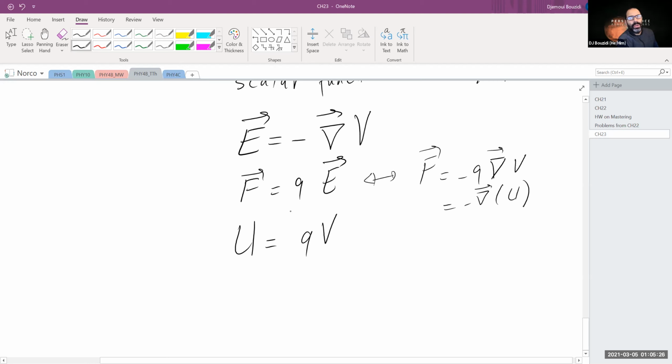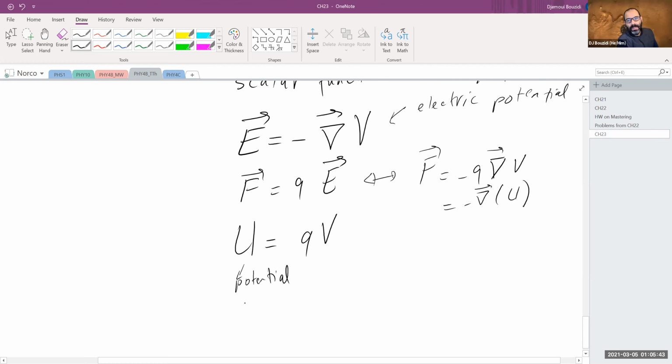So this potential, which I'm going to call the electric potential, and this potential energy are related to one another via the parameter Q, via the charge, that's all.